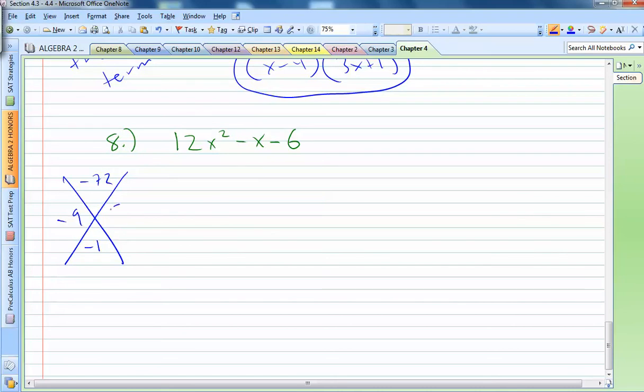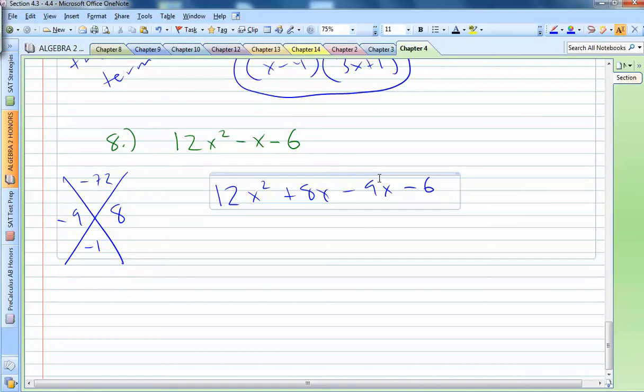Well, in this case, it will be negative 9 and 8. So now, I can split the middle term. We'll do 12x squared plus 8x minus 9x minus 6. And notice how I deliberately put 8x first and negative 9x second.